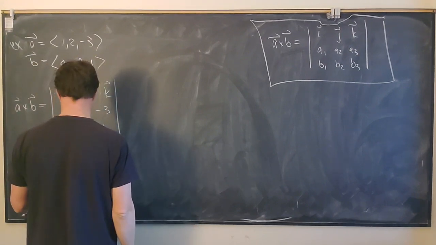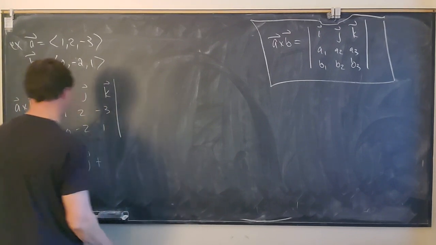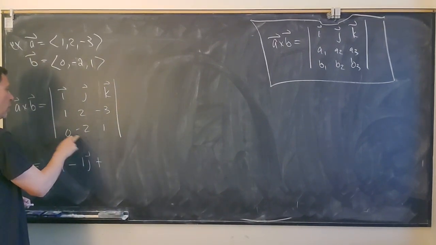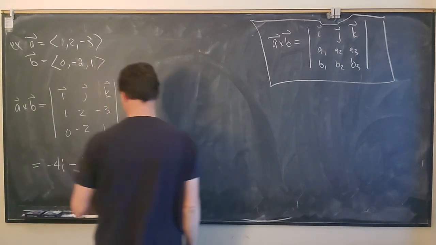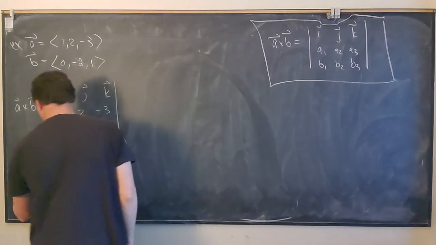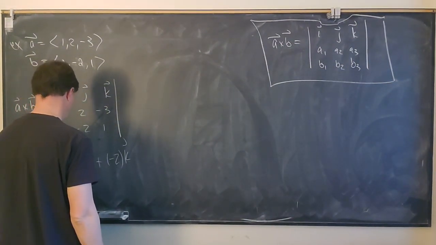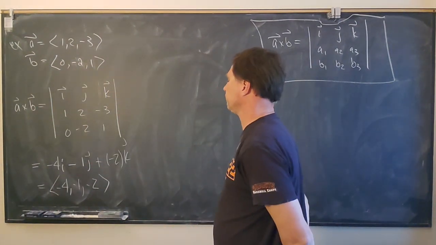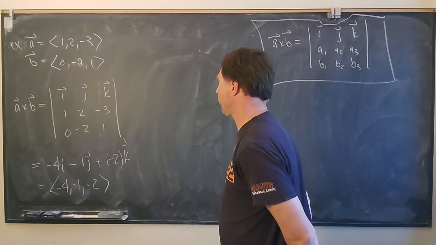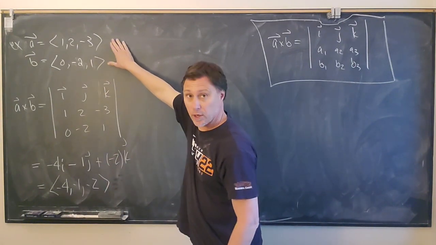So that will be minus 1 times J, plus negative 2 minus 0, so that'll be plus minus 2 times K, which I prefer to write in angle bracket form, so that would be negative 4, negative 1, negative 2. Okay, so this vector right here, this is the cross product. This is A cross B.